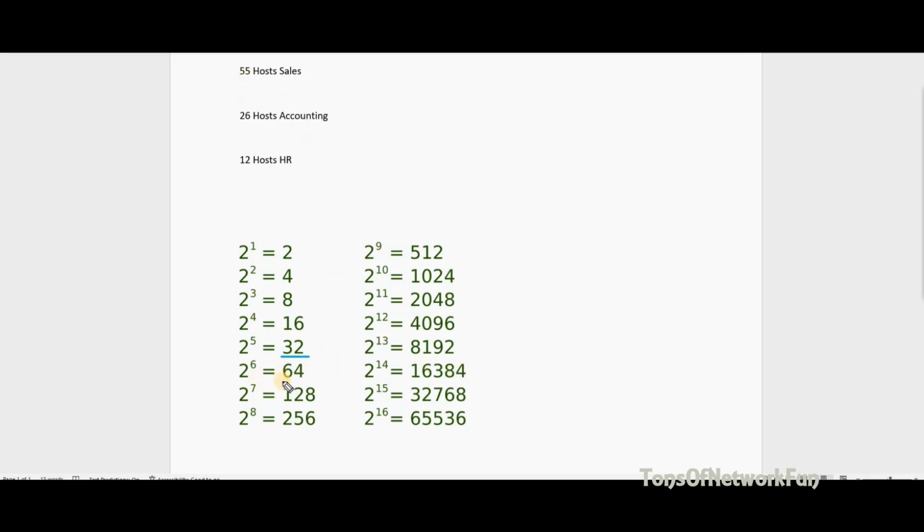Next highest is 64. So we can stop there because 55 is less than 64. Even if we consider the network ID and the broadcast ID, we still get 62 usable hosts. That means it still satisfies our requirement of 55. So we can stop it here easily.